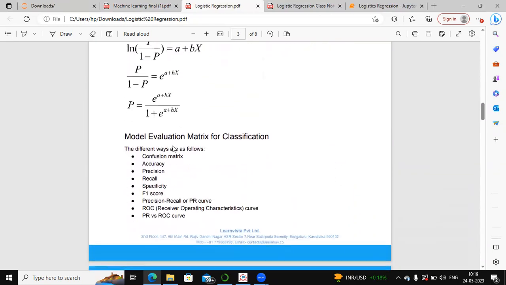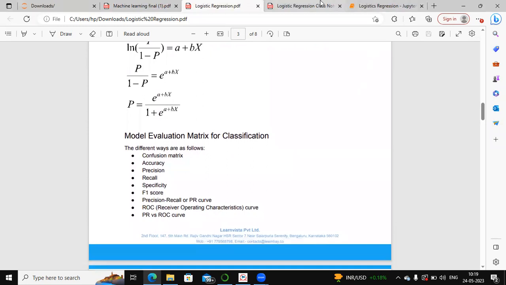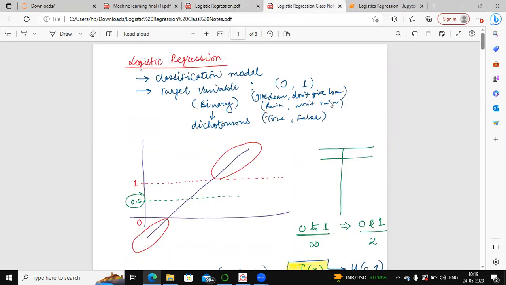Now let's come to the notes that I had prepared for logistic regression. You will understand this more easily. Logistic regression is a classification model, and its target variable is either 0 or 1 for binary, which is dichotomous. So 0 can be true and 1 can be false.